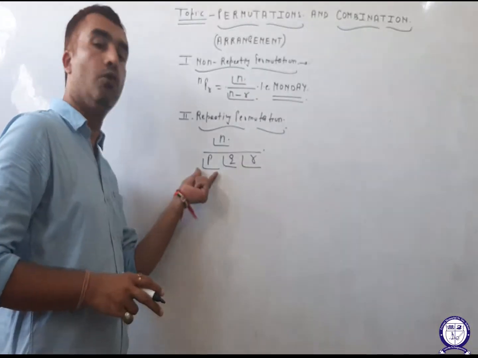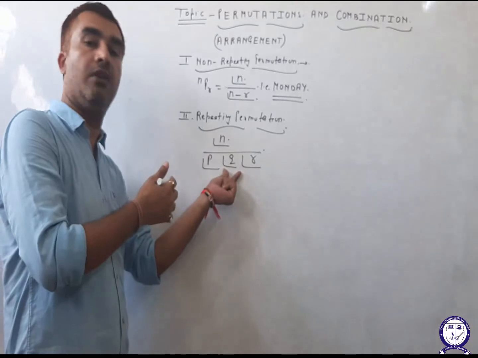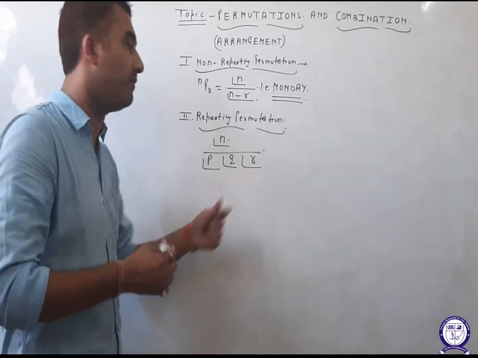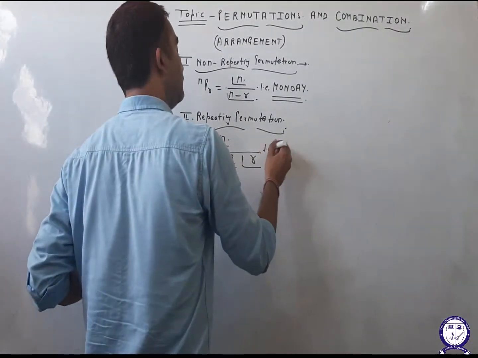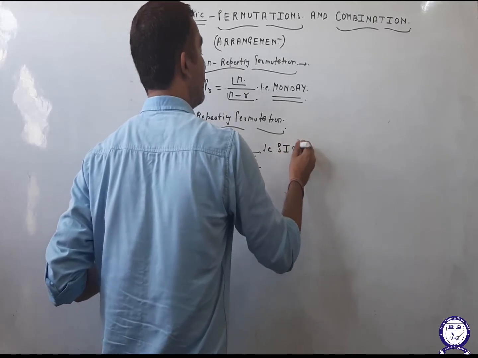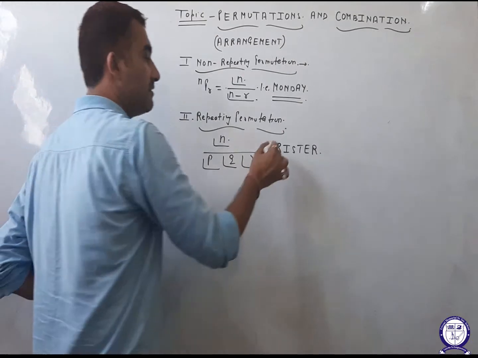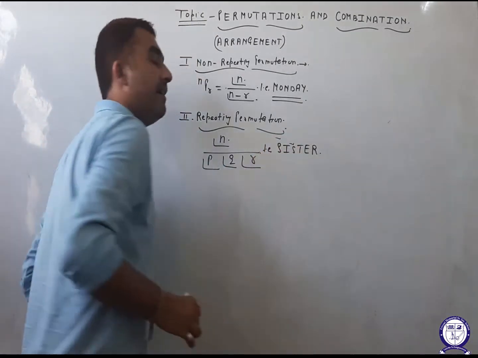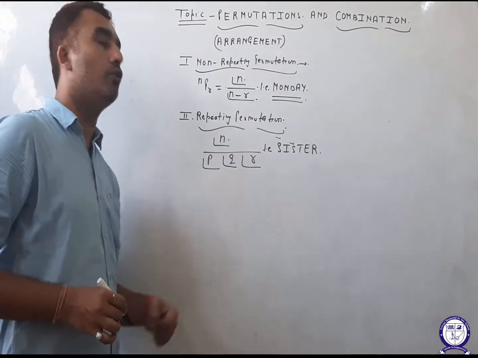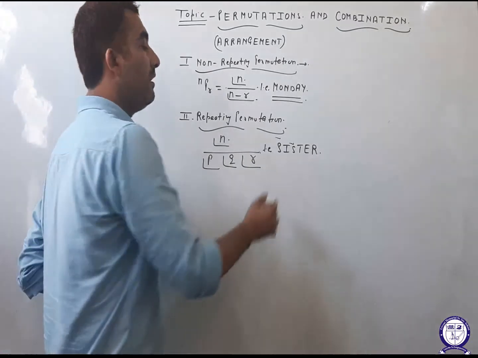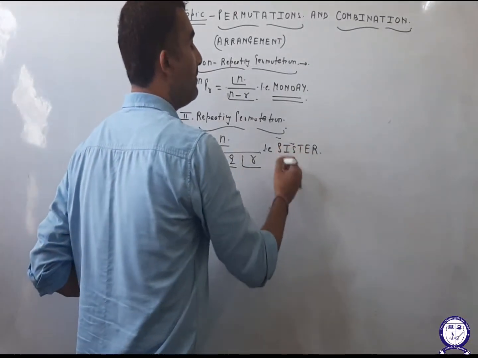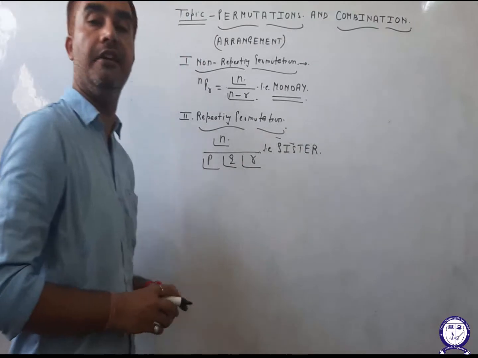How many times? If 2 times, then factorial 2. If 3 times, factorial 3. If 5 times, factorial 5. For example, the word sister. You can see that the letter s is repeating 2 times. That means the answer will be total 1, 2, 3, 4, 5, 6, factorial 6 upon factorial 2.